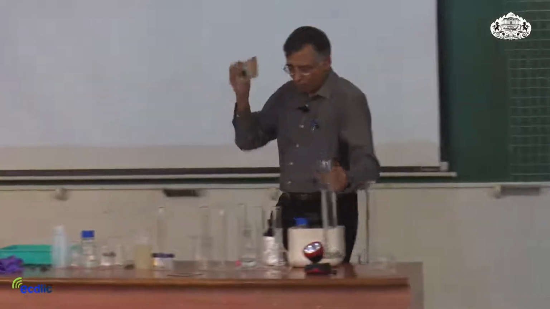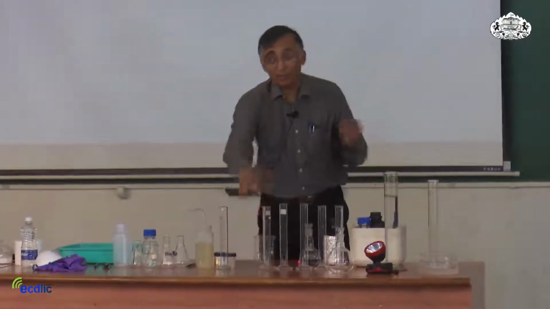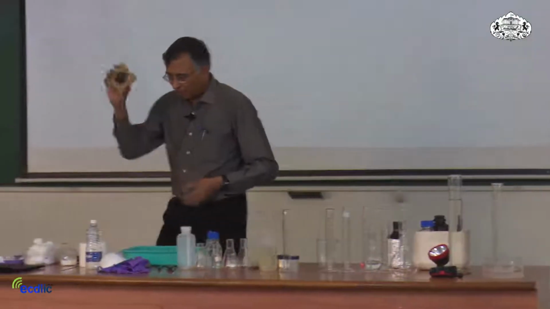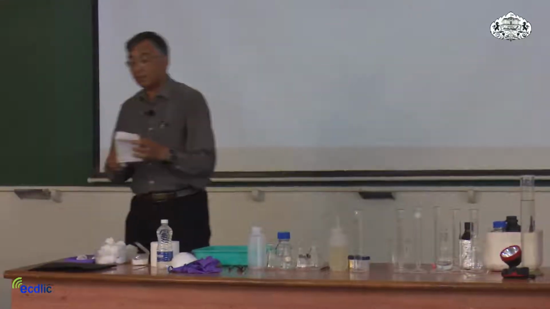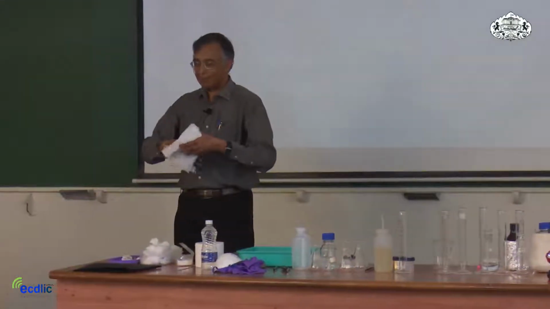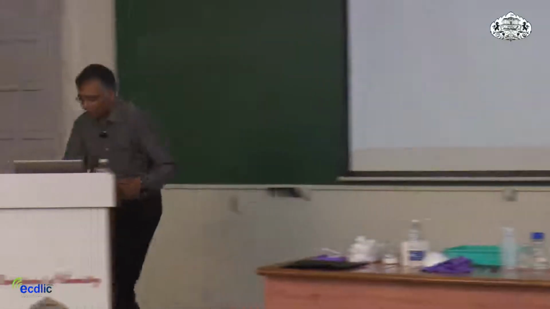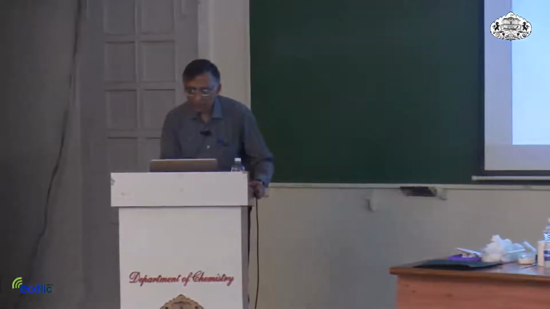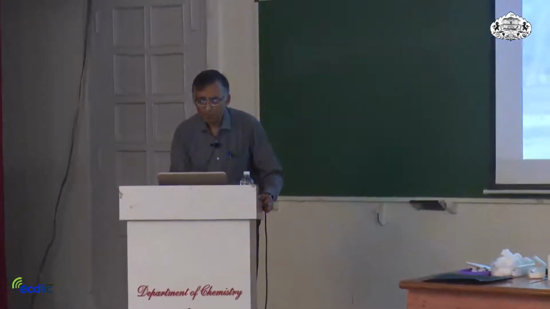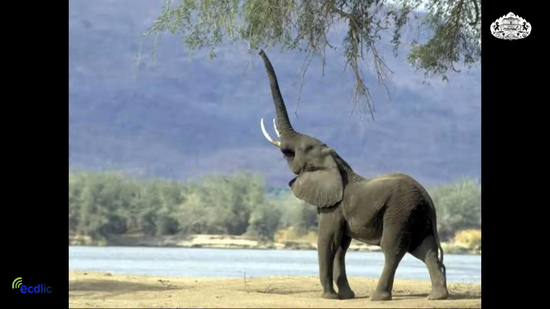Okay, so this proves glucose is dextrorotatory, which of course everybody knew. But by using a white light, the advantage is that you show the phenomenon of optical rotatory dispersion as well. So let's move on to the next experiment, which I show only to high school kids.